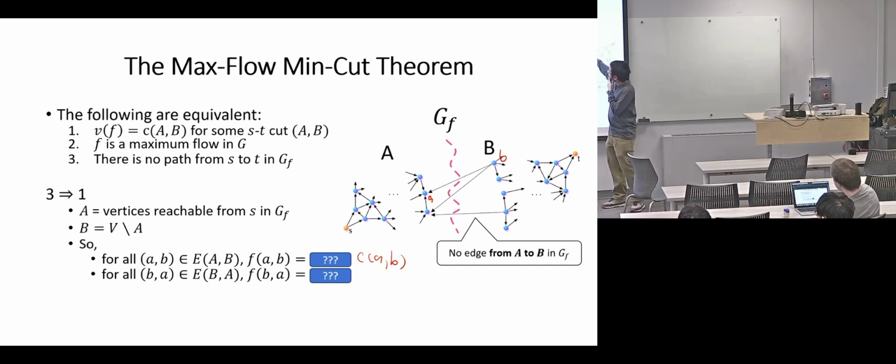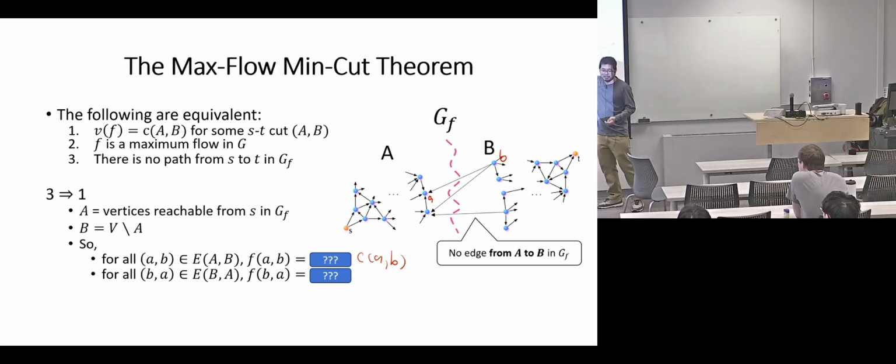Let's say B to A actually is an edge in the original graph. Then, is it 0? Yeah, the flow from B to A must be 0, because if it's more than 0, then you will have residual capacity from A to B.